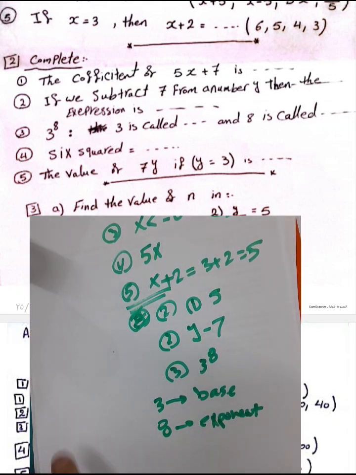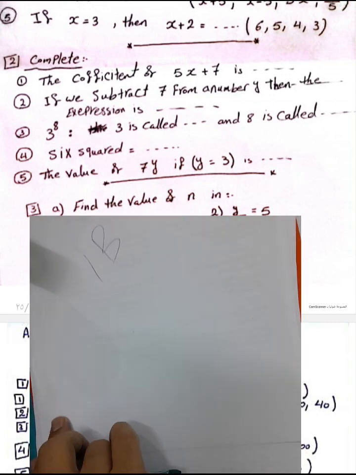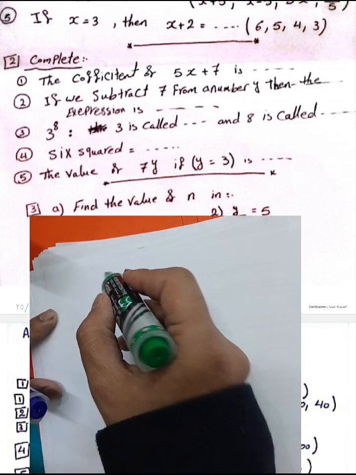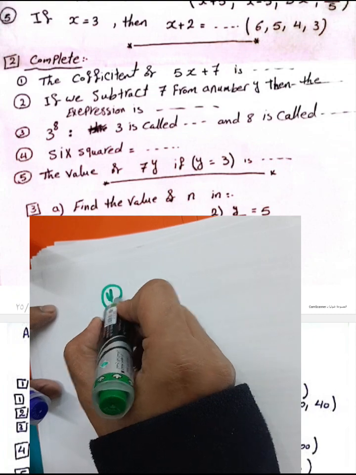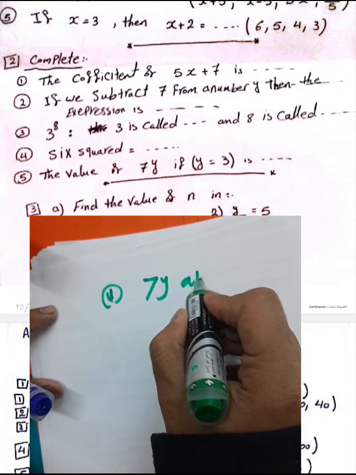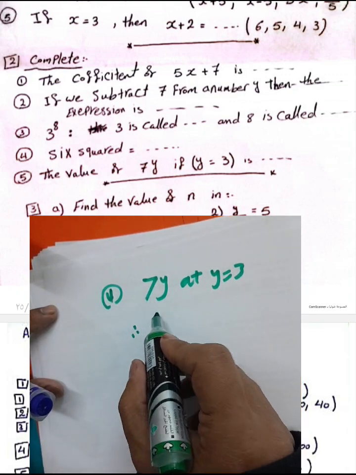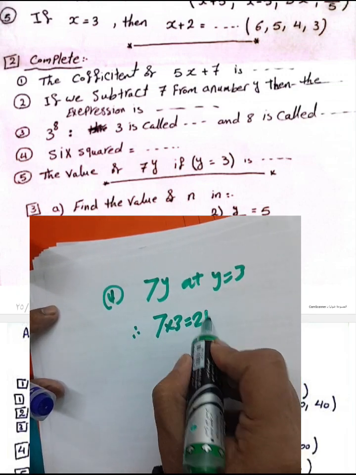Okay. Next question. Question number 4, the value of 7y if y equals 3, then 7 multiplied by 3 will be 21.